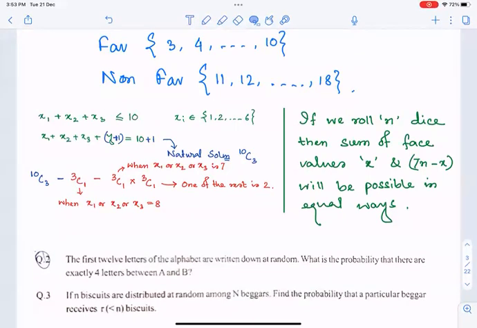Second question, that is question 3: if n biscuits are distributed at random among capital N number of beggars, we need to find the probability that a particular beggar receives R number of biscuits, where R is definitely strictly less than the total number of biscuits. Okay, so these are the two questions.